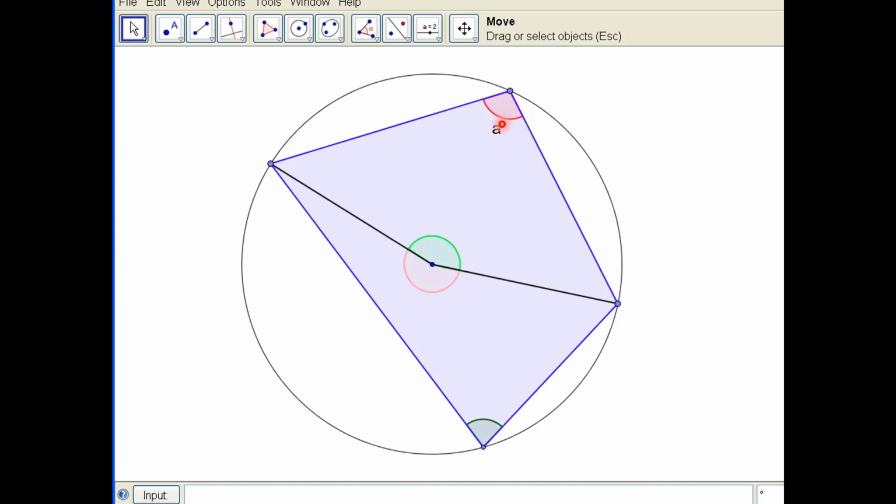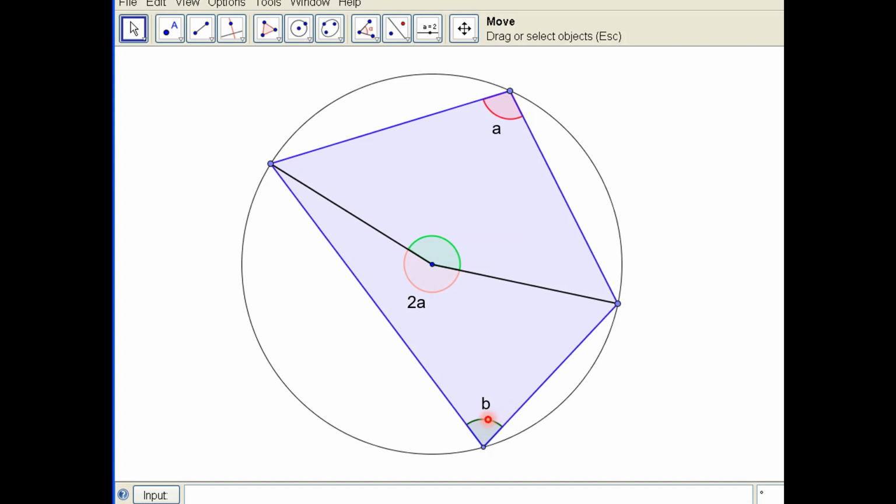If this side is A and this side is B, then the angle subtended here is going to be 2A. This chord subtends at what? The center and subtends at the what? Circumference. So if this is A, this is going to be 2A. The same chord subtends at the center and subtends at the what?